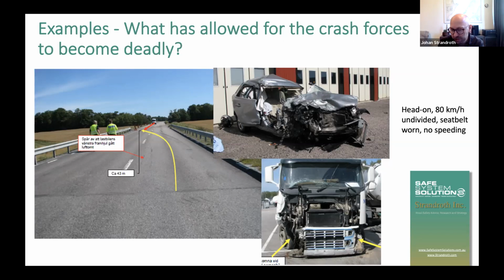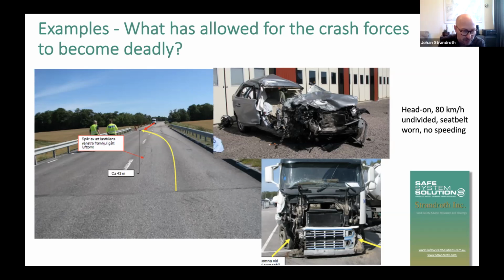Oh, sorry, no, this is the other one. I'm getting confused. Sorry, this is a truck that actually has a puncture. And due to the puncture, the truck ends up on the wrong side, head-on with the passenger car.